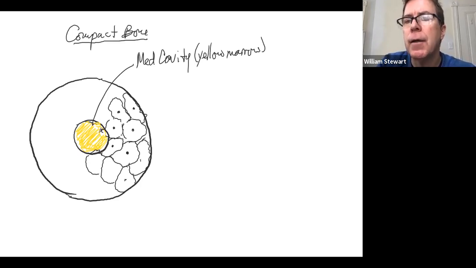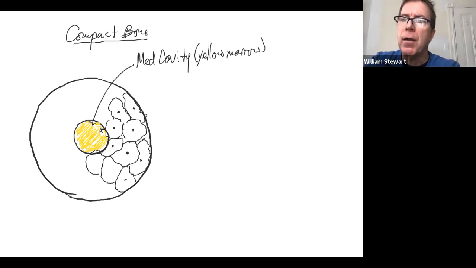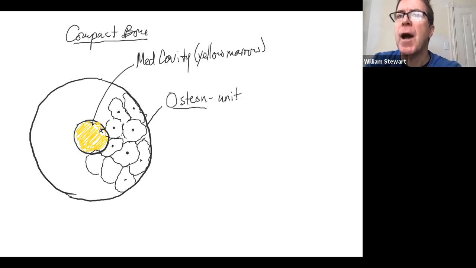One of these ring units of bone growth is called an osteon. So it's a unit of compact bone growth. In the center of each osteon is a central canal, sometimes called a haversian canal.